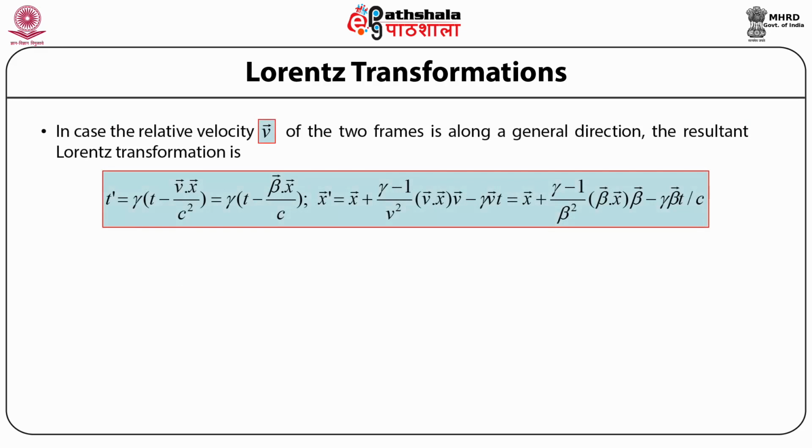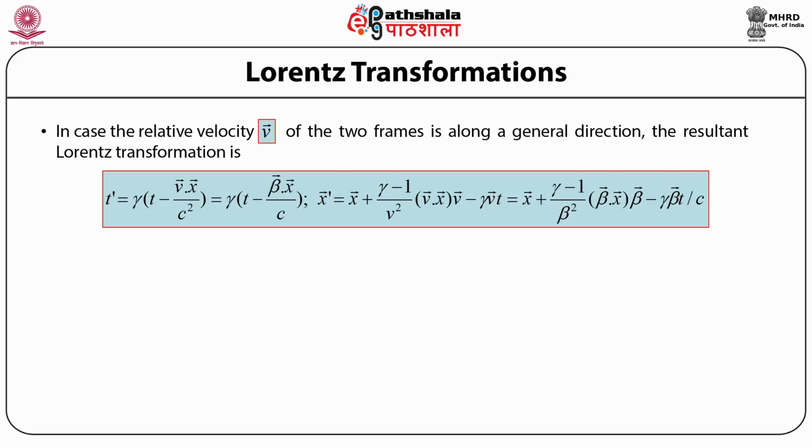Now, in case of the relative velocity v of the two frames of reference being along a general direction, the resultant Lorentz transformation equations are then given by t prime is equal to gamma times (t minus v dot x upon c square), which is equal to gamma times (t minus vector beta dot vector x by c).